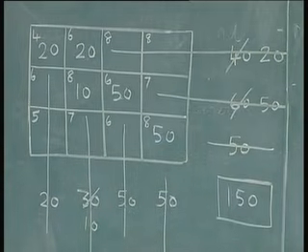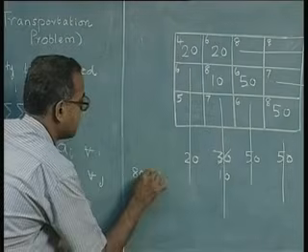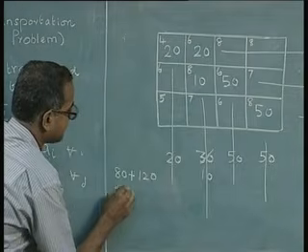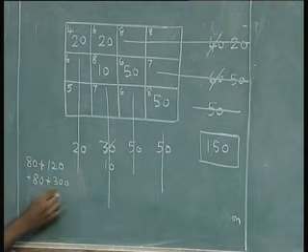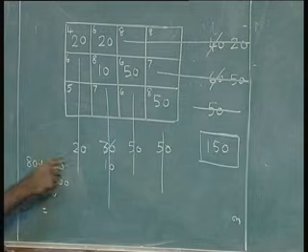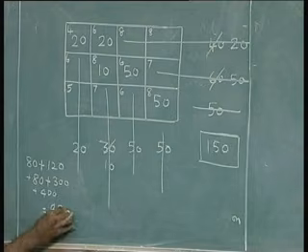So the cost of transportation would be 4 into 20, 80, plus 6 into 20, 120, plus 8 into 10, 80, plus 6 into 50, 300, plus 8 into 50, 400. So this is 280 plus 700 equal to 980.